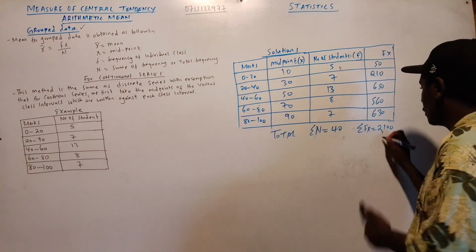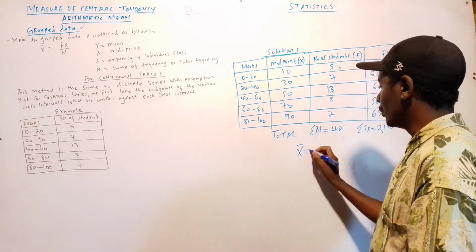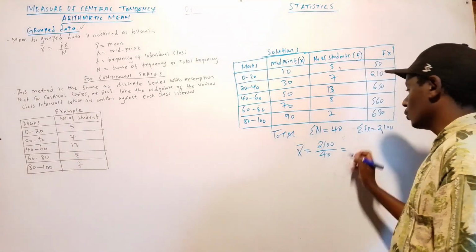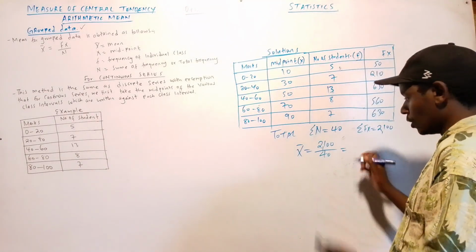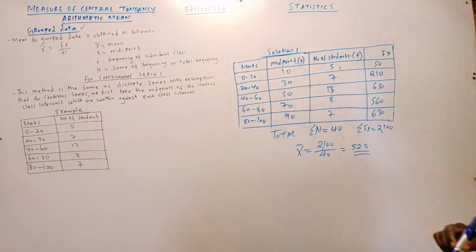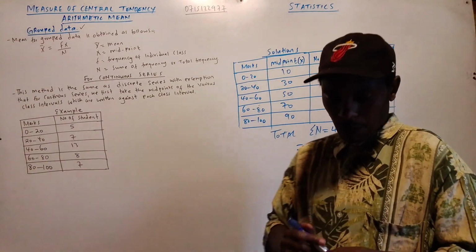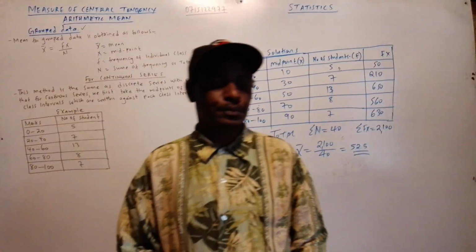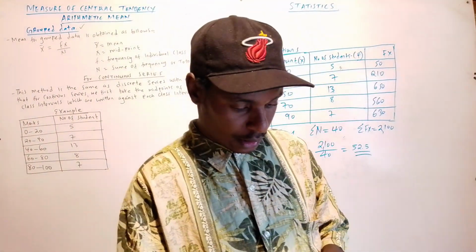So our mean will be 2100 divided by 40, which is 52.5. That is our arithmetic mean.